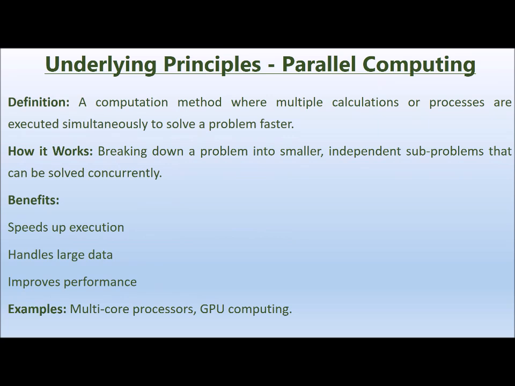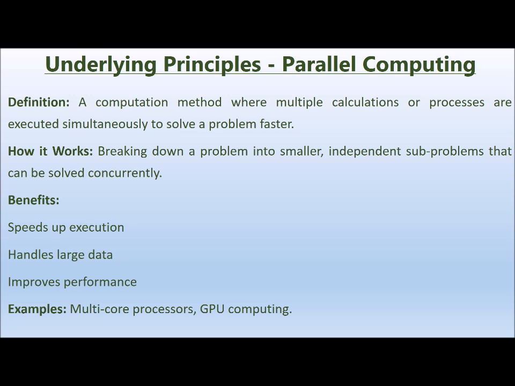So breaking down a big complex problem into smaller independent sub problems, and they can be solved parallelly or concurrently. The benefits are like speeding up execution, because problems are executed parallelly, handling large data and improving performance.